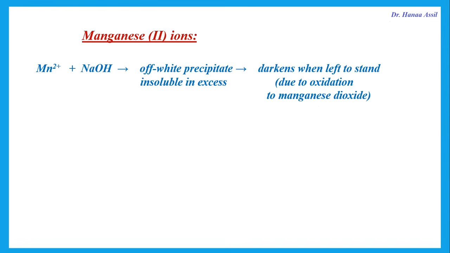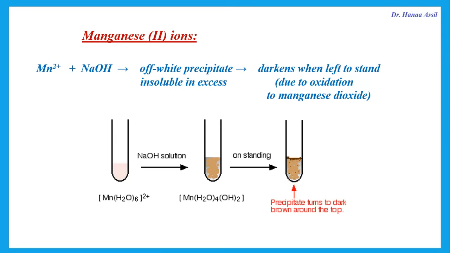Manganese ions: manganese in sodium hydroxide solution will give an off-white precipitate insoluble in excess. This precipitate is a complex between the manganese and 4 waters and 2 OHs. So again, this is a deprotonation of 2 of the 6 water ligands on the manganese.